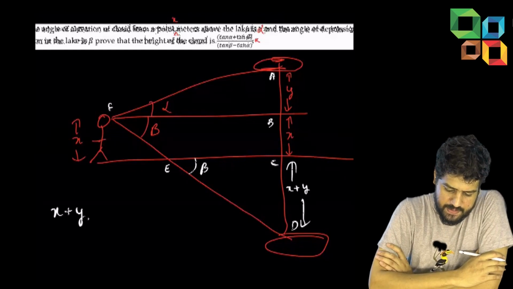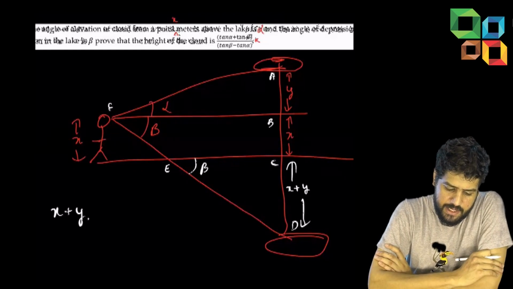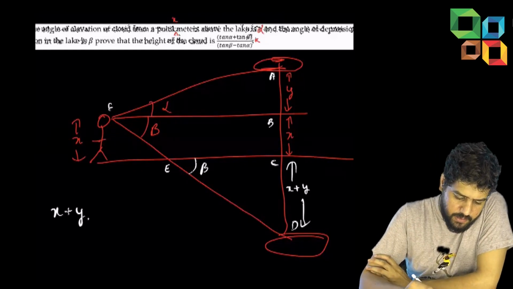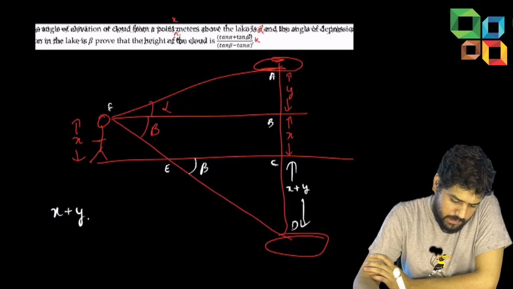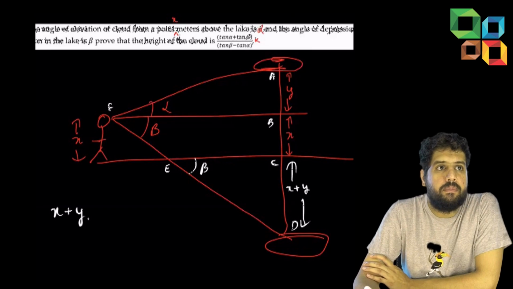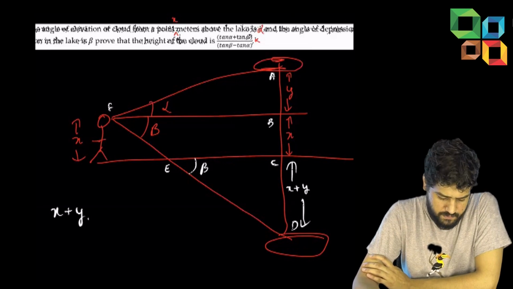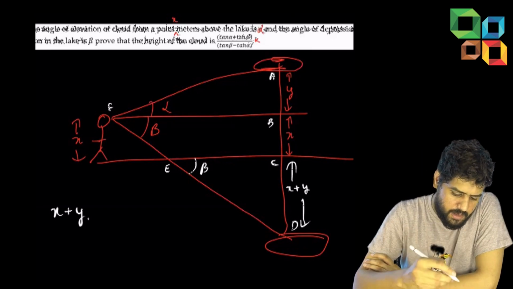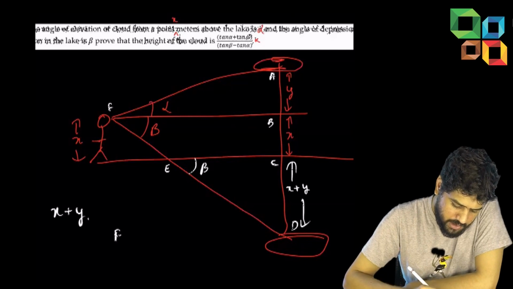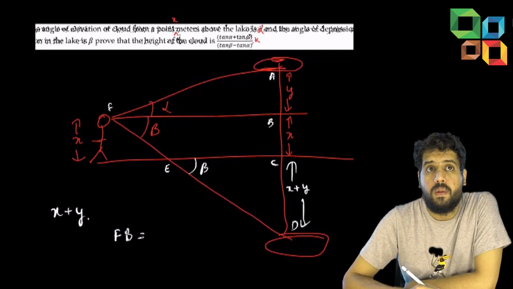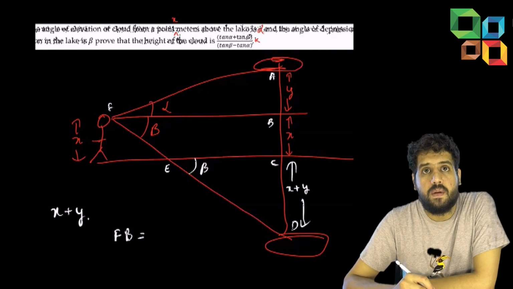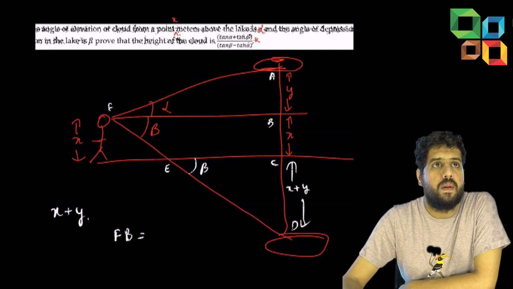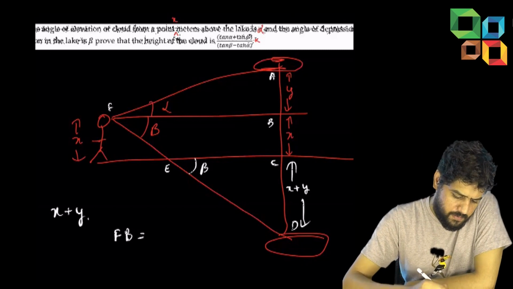Any suggestions? What lengths can we calculate in terms of x and y? FB, correct. Which triangle are you taking? Triangle FAB.